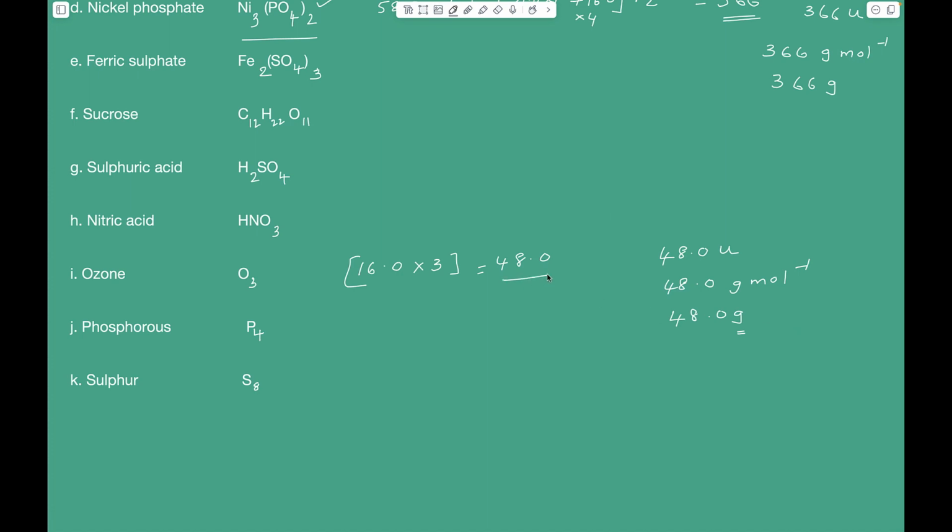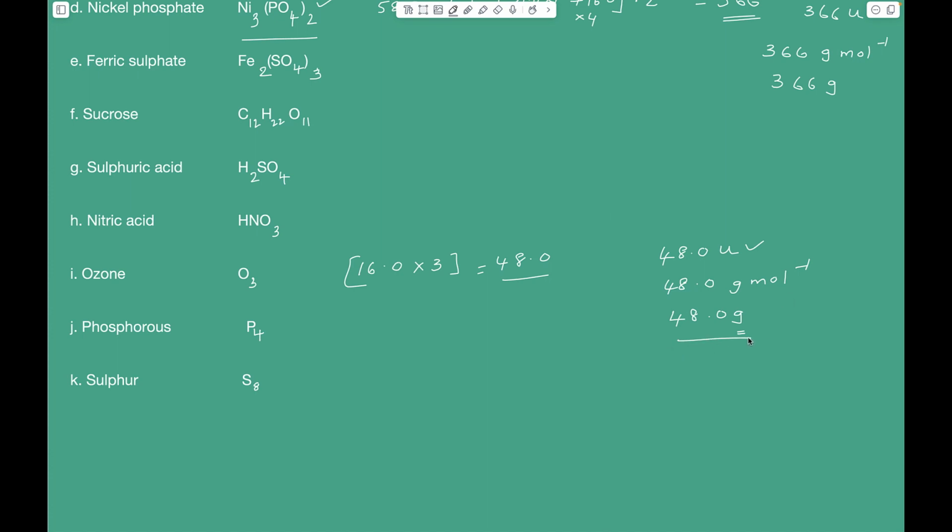So 48.0 is the molecular weight or the relative molecular mass of ozone. 48.0 U is its molecular mass, that is the mass of a single ozone molecule. 48.0 grams per mole is its molar mass, that is mass per 1 mole of ozone that is composed of ozone molecules.